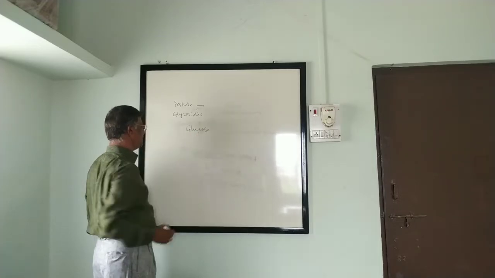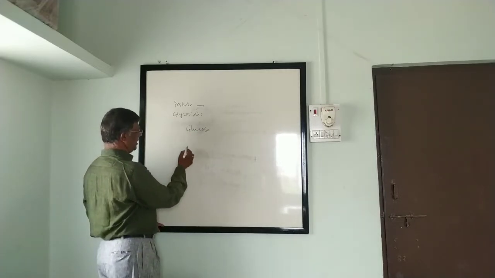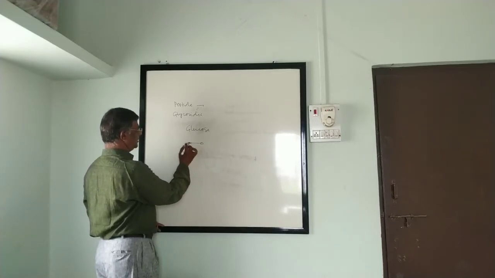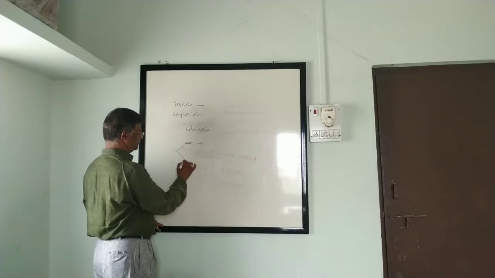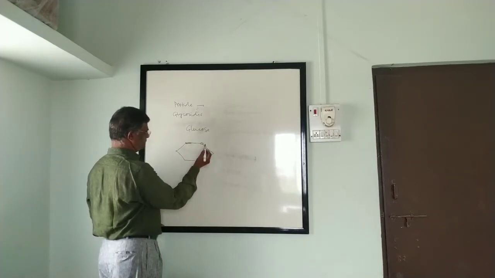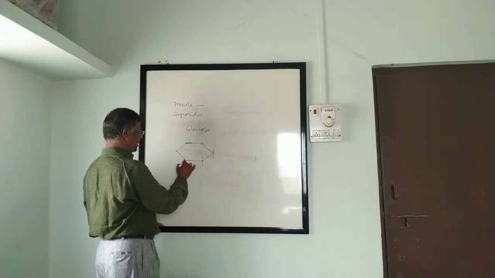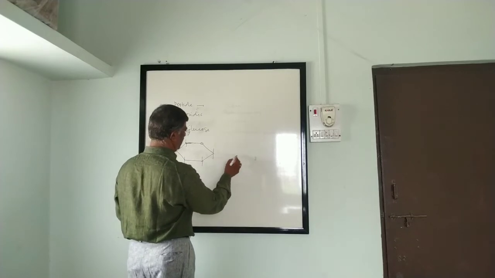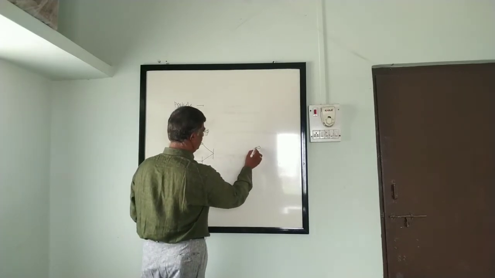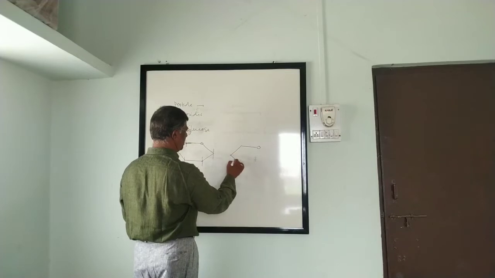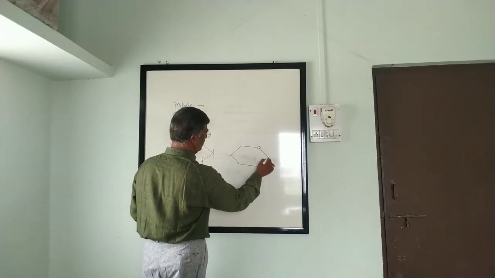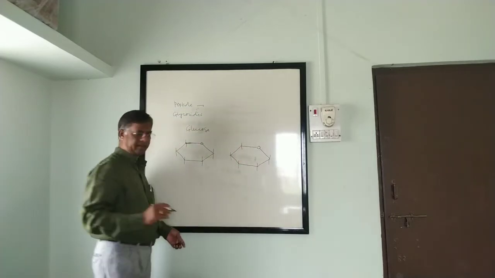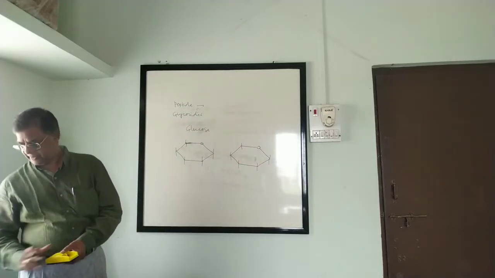Glucose is a monosaccharide. So when we see the structure of glucose molecules, this is one glucose molecule. Then we again take another glucose molecule for understanding how this glycosidic bond is formed.